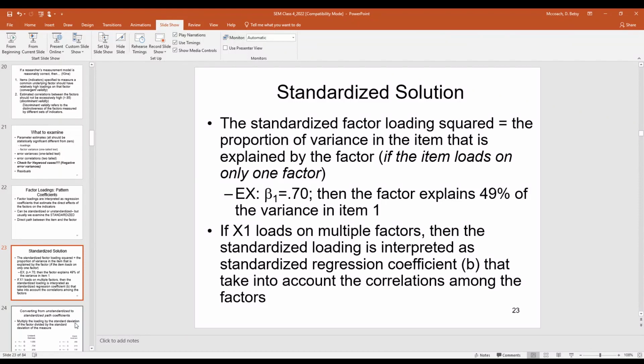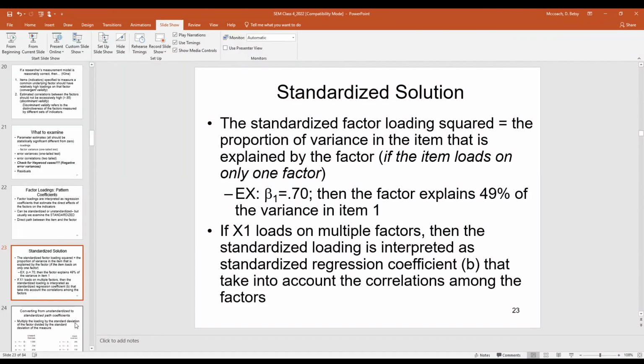And the reason that I'm hedging is, if the item loads on only one factor, because remember, if an item is loading on two factors, then the standardized factor loadings are direct effects. So now it's how much does this factor predict this item after controlling for the other factor? For the same reasons that we have to be careful in multiple regression about how we talk about what those regression coefficients mean.